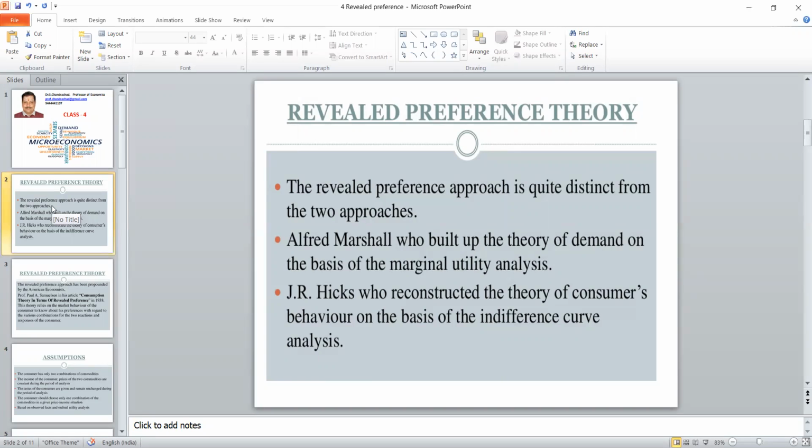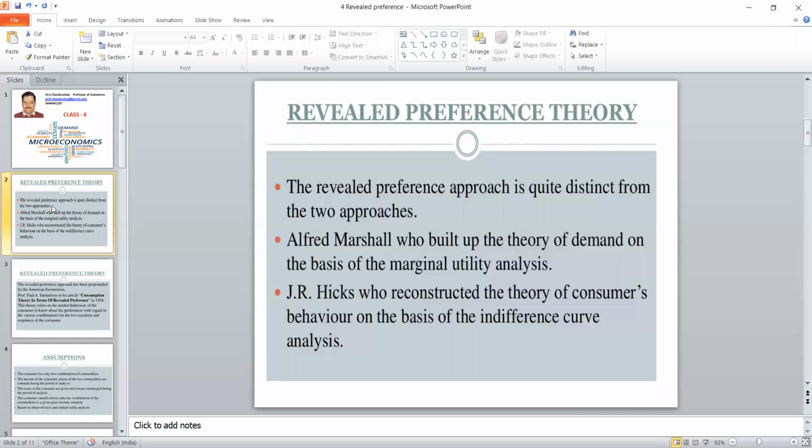He gave a theory of demand. The second one was given by J.R. Hicks. This theory of consumer behavior uses the indifference curve, that is called ordinal utility. So, as far as the revealed preference theory is concerned, there are two approaches.